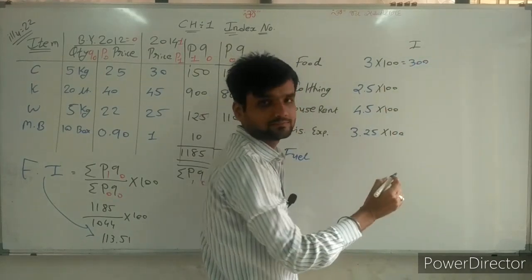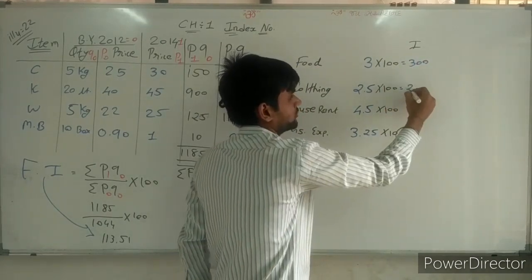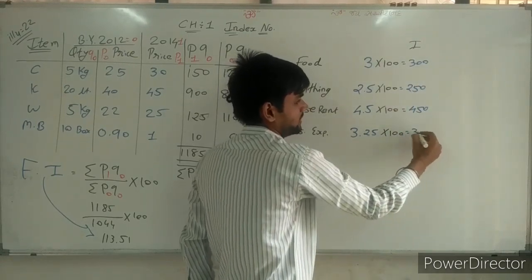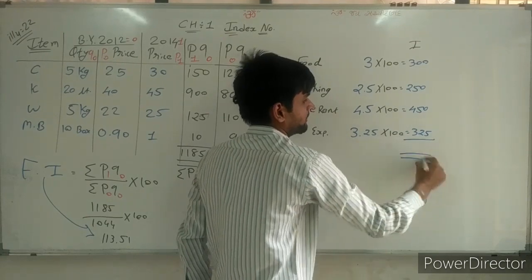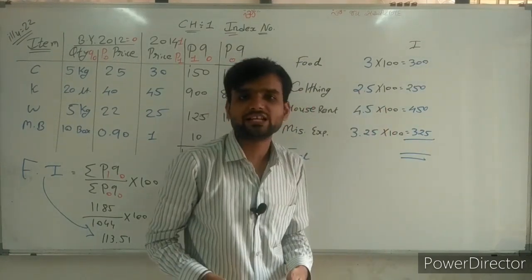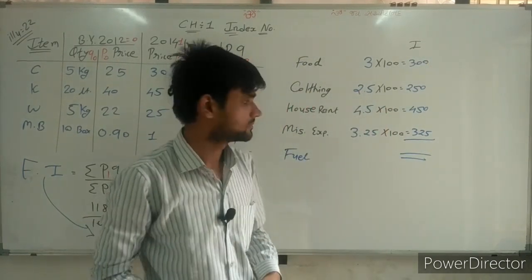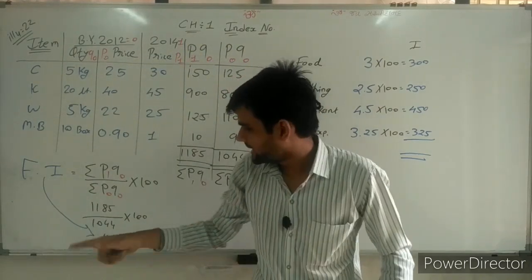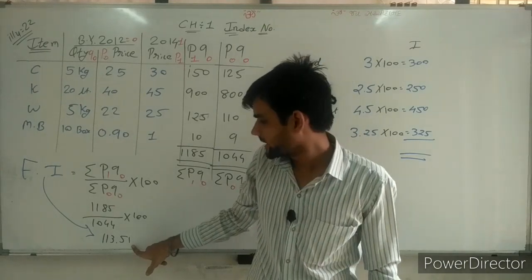So 300, 250, 450, 325 is my value of I, index number. Now, sir, the fuel index number is already found here, 113.51.